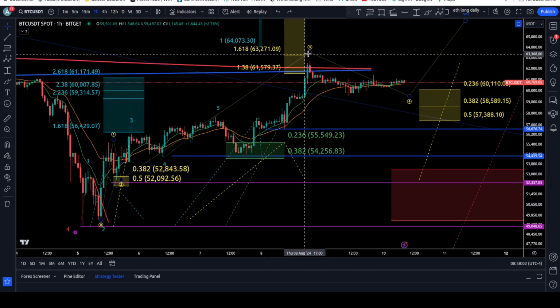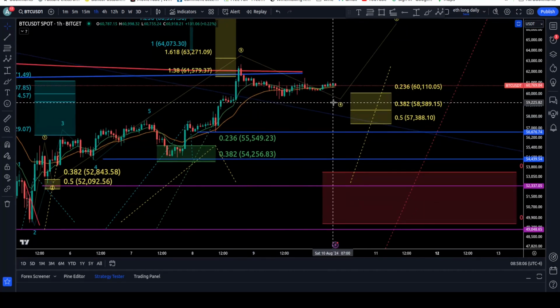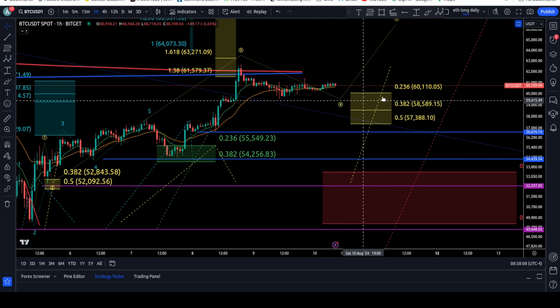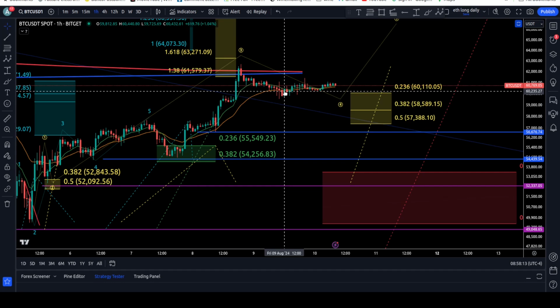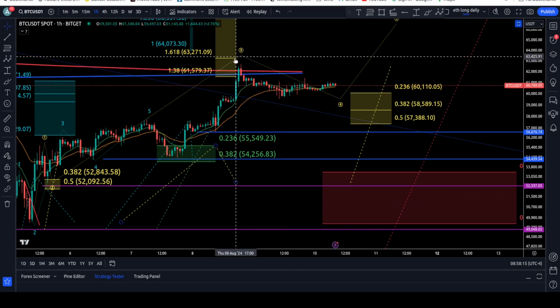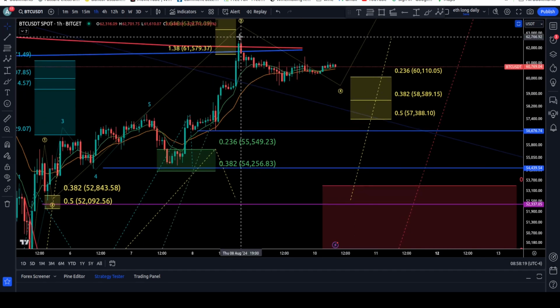Yeah, 1, 2, 3. So now we would be in the fourth one, and as you can see, in the fourth one we already reached these levels because here it already entered the 0.236. Now this could once again be an ABC, or maybe this is about it.